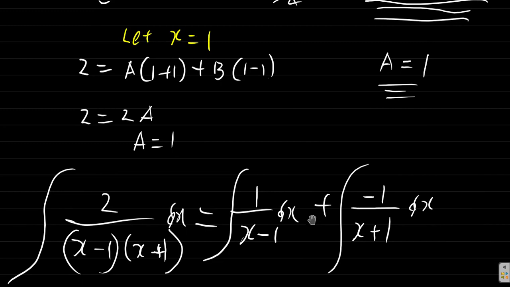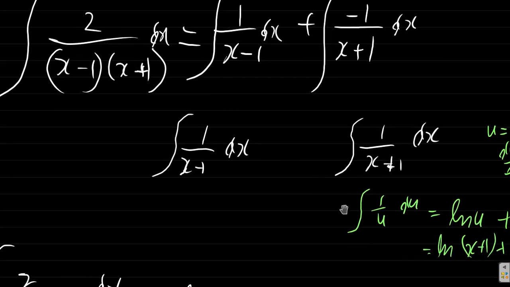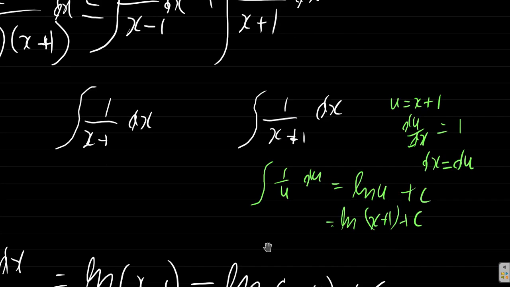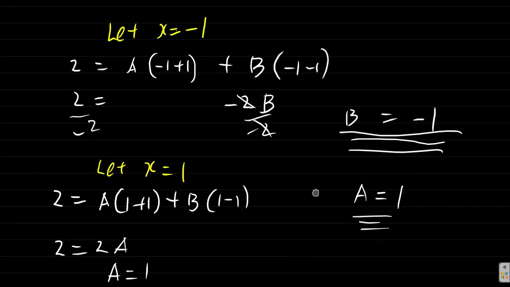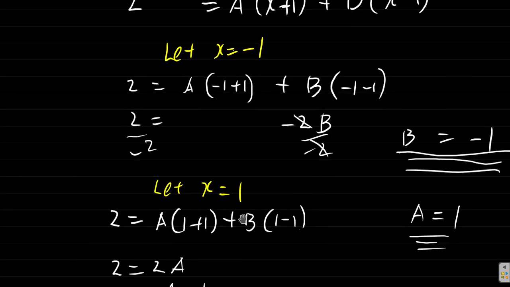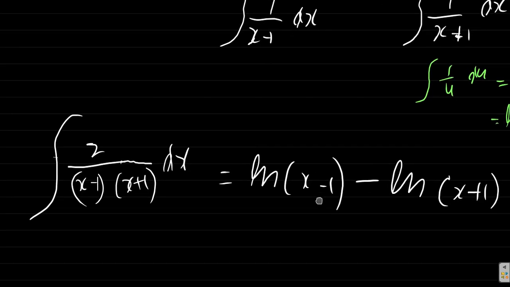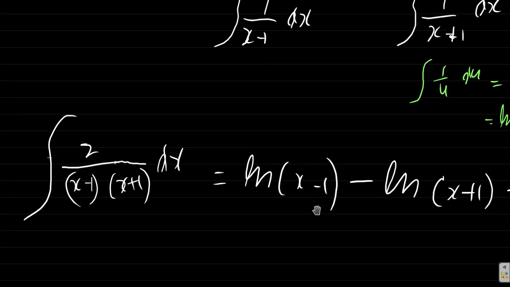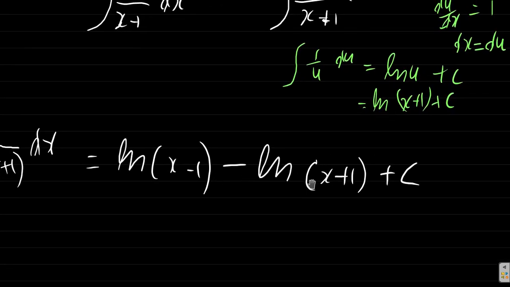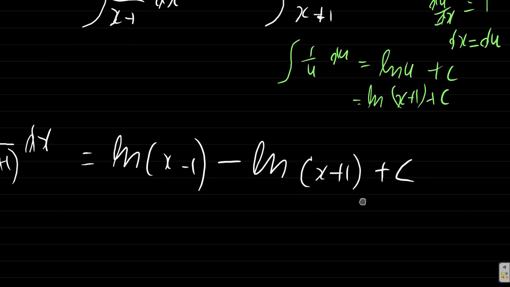Oh, it's okay. Oh, it worked out. My memory slipped me a while ago. We had dealt with the 2. So the integral of 2 over (x minus 1)(x plus 1) dx is ln of x minus 1 minus ln of x plus 1 plus c.